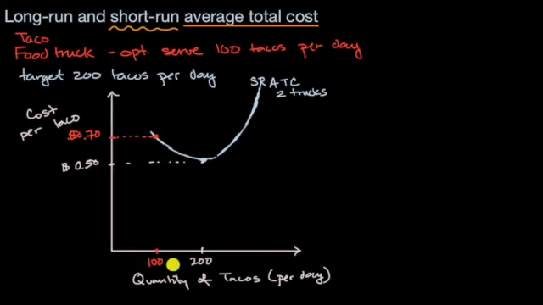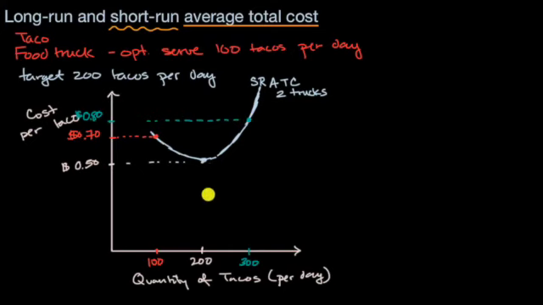And then there's the other scenario. Let's say that our tacos sell better than expected. Let's say that we need to somehow produce 300 tacos per day. Well, if we can't change our fixed costs, which is by definition what the short run is, then we might be at, say, this point. It looks like it would be about, let's just call that 80 cents per taco as our short run average total cost.